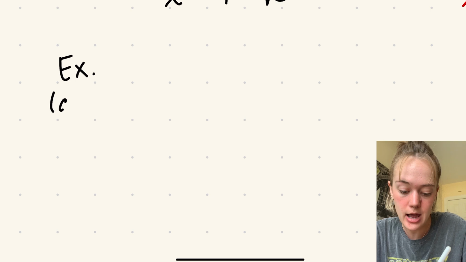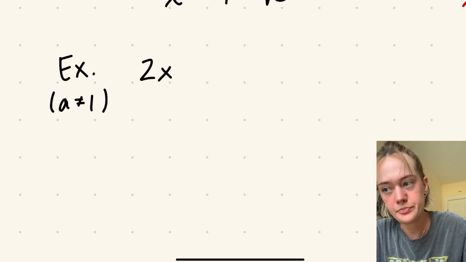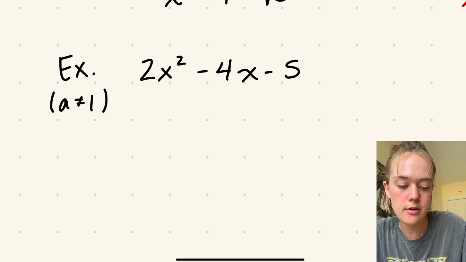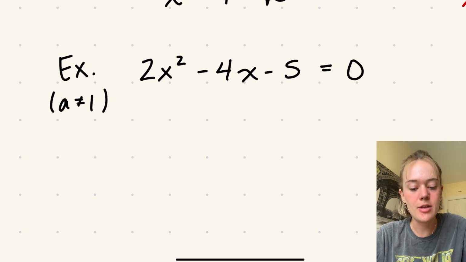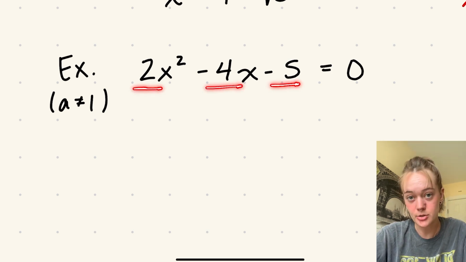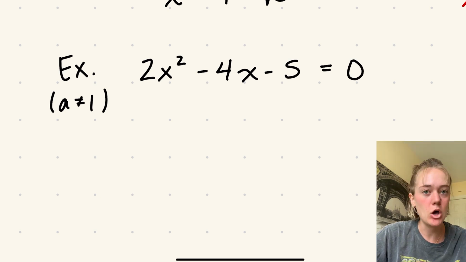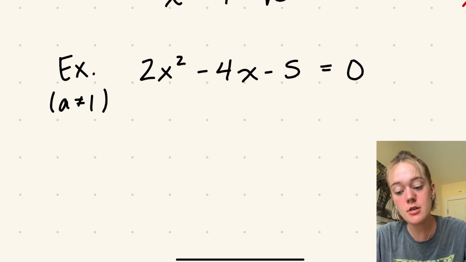So our example where a is not equal to 1 is going to look something like this. So 2x squared minus 4x minus 5 is equal to 0. And you'll notice in this case that there's not something that I can easily factor out of all 3 of my terms, right? If that was the case, I would be able to factor that out and then go from there, use my regular completing the square rules, but there's not something that I can factor out of all 3 of those.